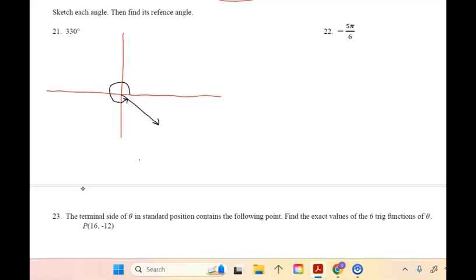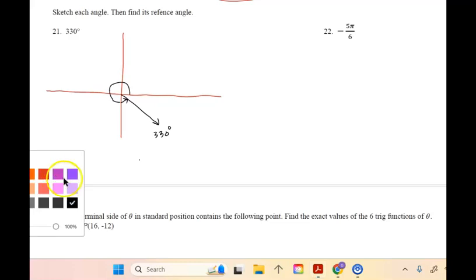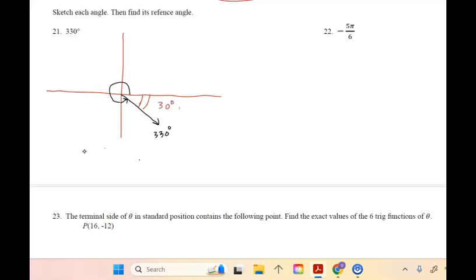So I'm going to call that 330 degrees. And so the reference angle is this angle right here that exists between the terminal side and the x-axis. So that angle is 30 degrees. That's the reference angle.